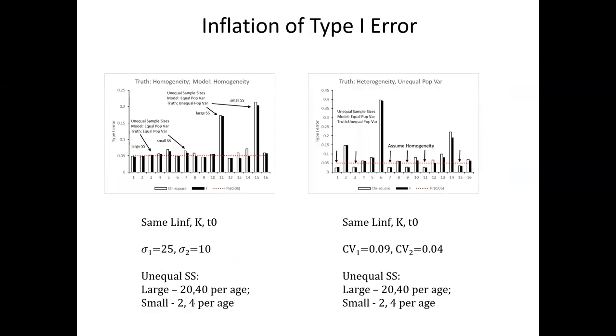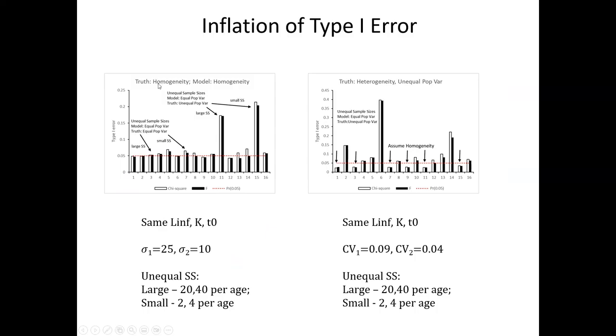But before we move on, I just wanted to point out what happens if you don't correct for unequal variances. On the left graph are type 1 error estimates for these scenarios down here.